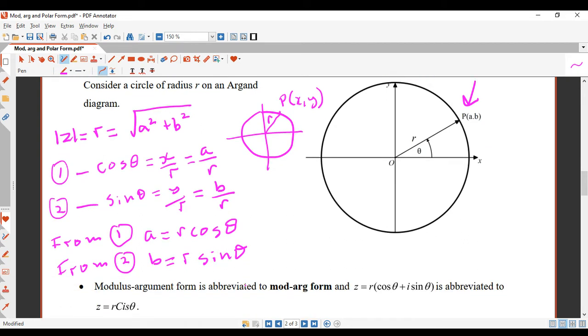So if I substitute that into my complex number z equals a plus ib, then a is just r cos theta, and b is r sine theta.